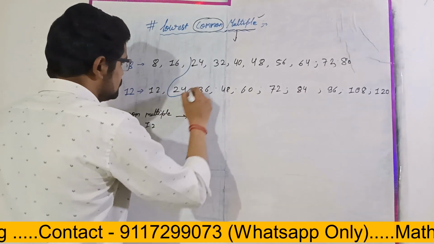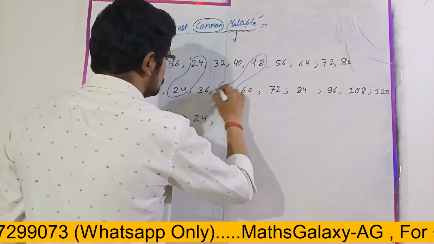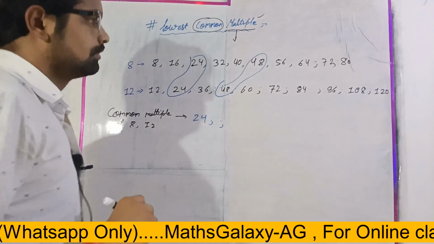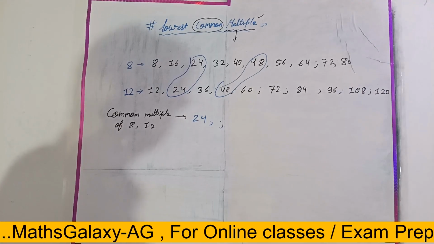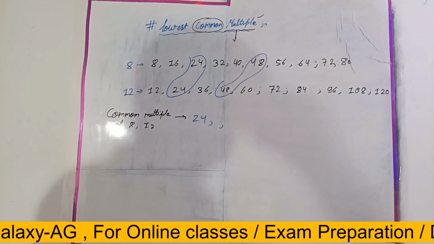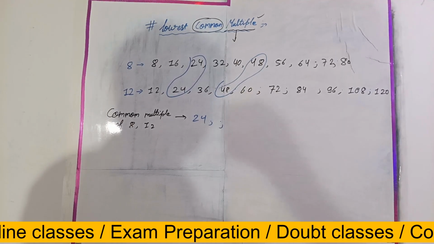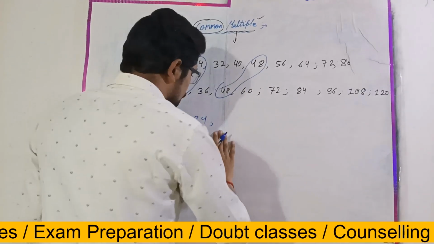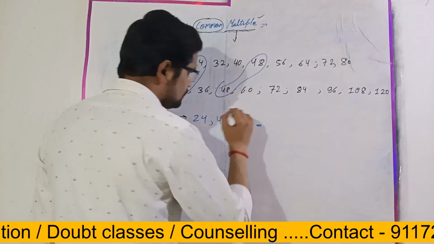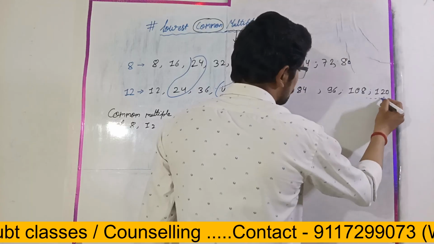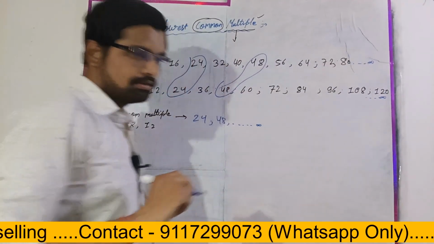Okay, the first one is 24, then 48. It will continue till infinity, and the multiples also continue till infinity for 8 and also for 12, right?